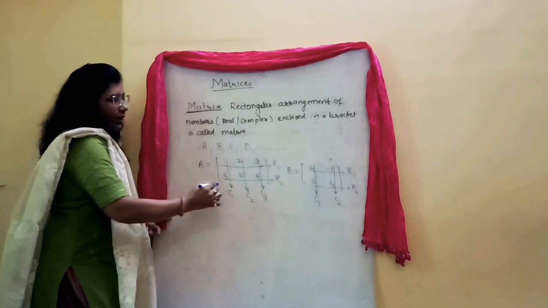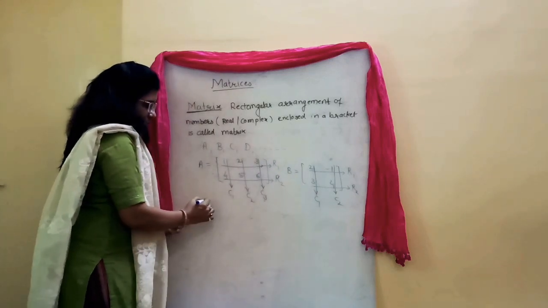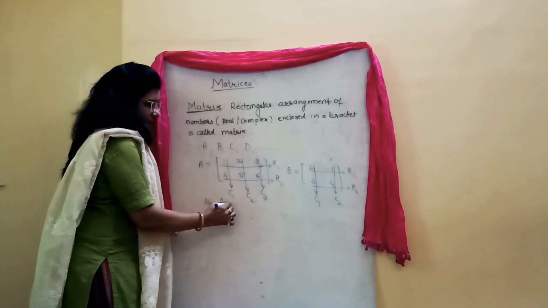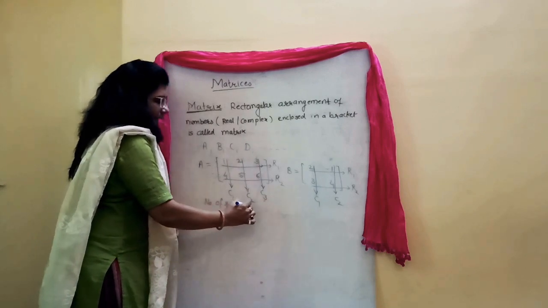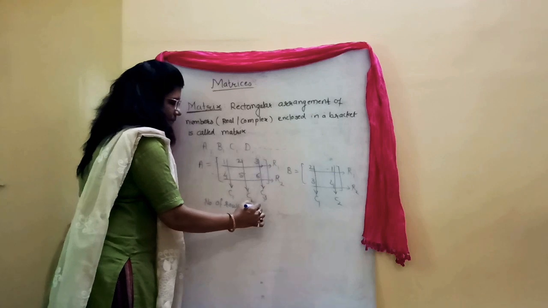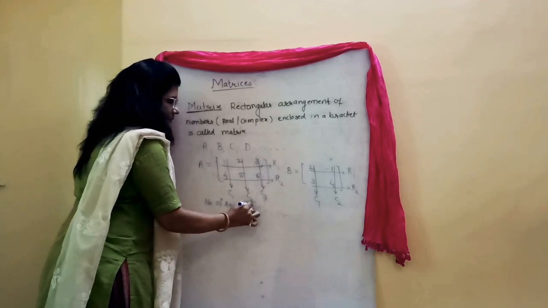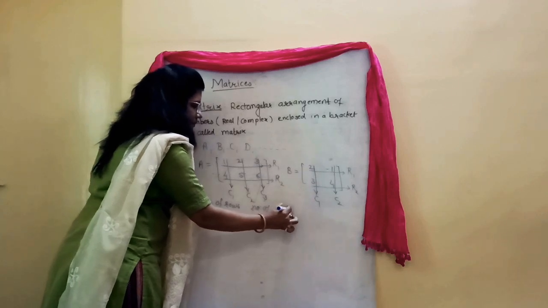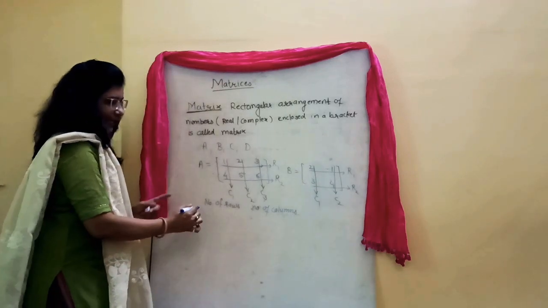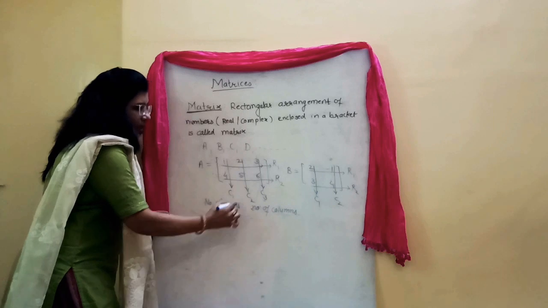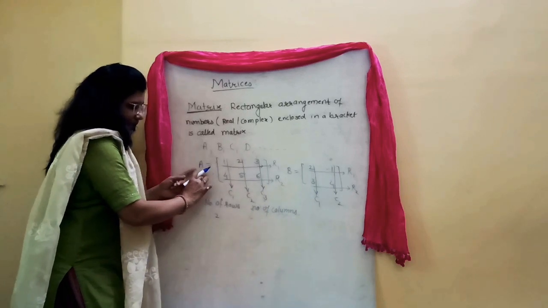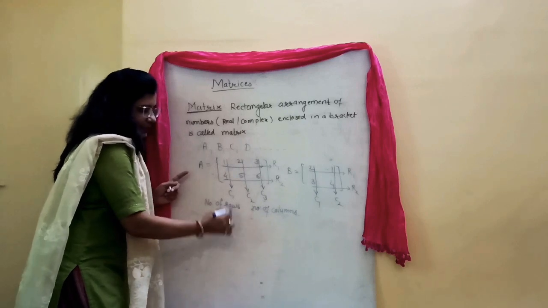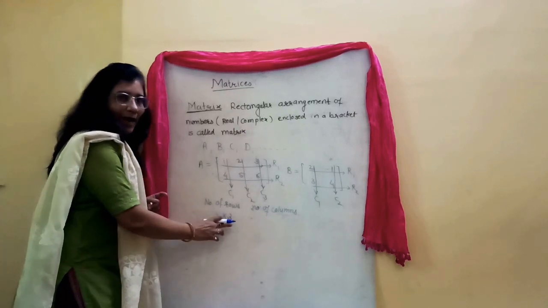So, you can write the number of rows first and then the number of columns. Now in matrix A there are 2 rows and 3 columns, so that is 2 by 3.